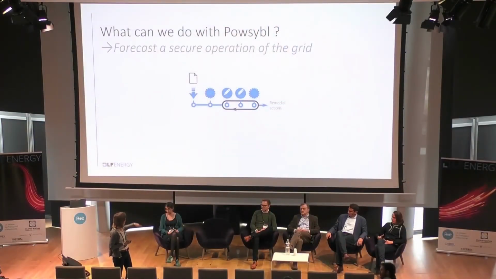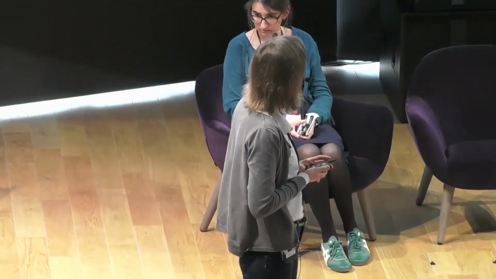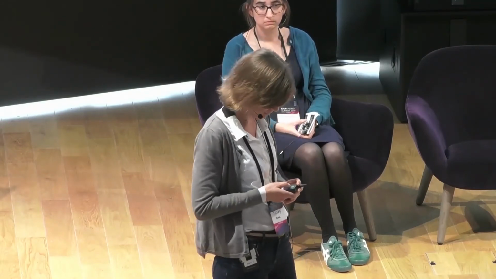For the contingencies where we meet limit violations, we can simulate remedial actions, and then we run a load flow to see if it solves the problem. In dark blue, you can see the specific code needed to build this workflow. And in light blue, it is the possible library.